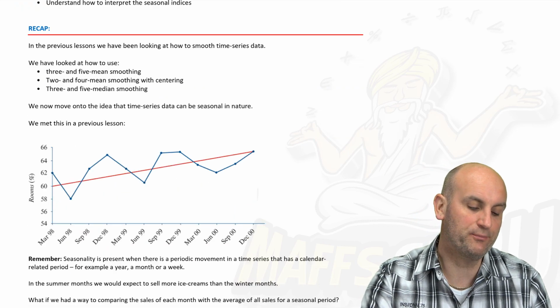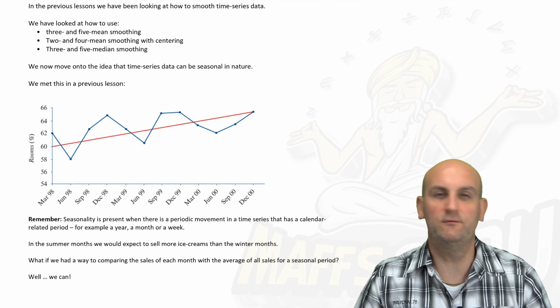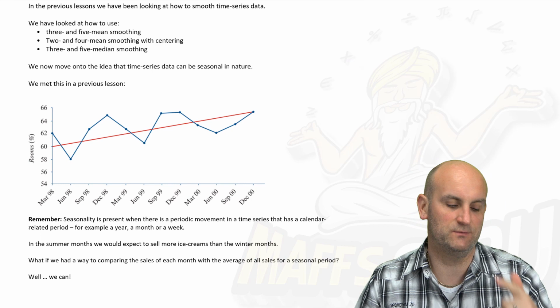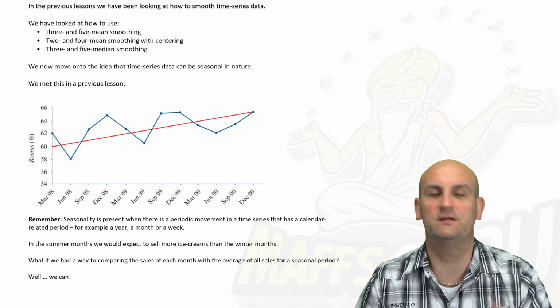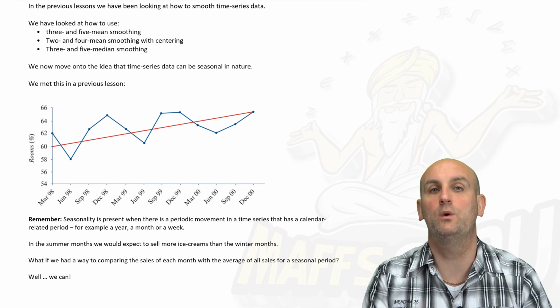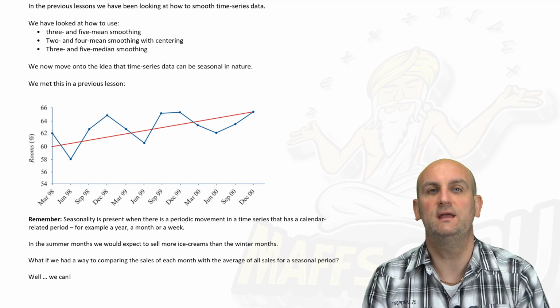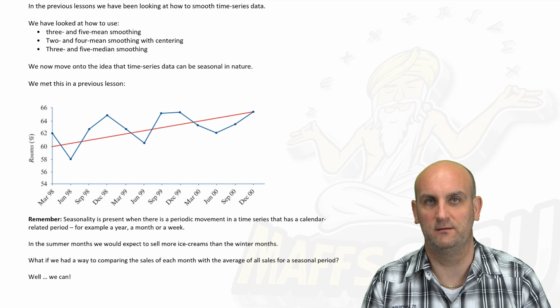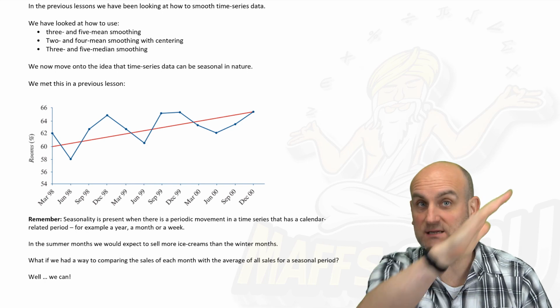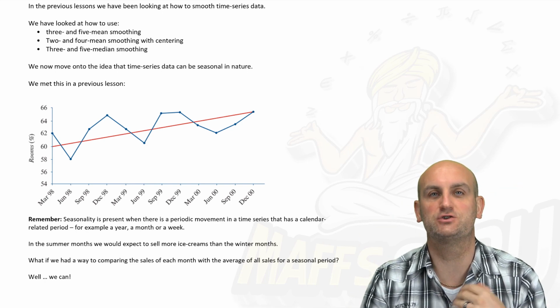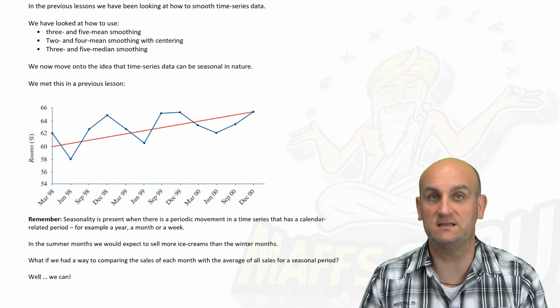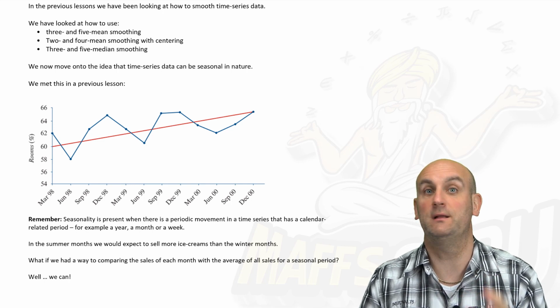Okay, now in previous lessons, we've looked at 3 mean smoothing, 5 mean smoothing, 2 mean, 4 mean, median smoothing. All of this has the word smoothing in it. The point of smoothing is to come up with some sort of trend and to see whether there's an increasing trend or a decreasing trend to describe our data, because Further Maths, if you remember, is about describing the data.